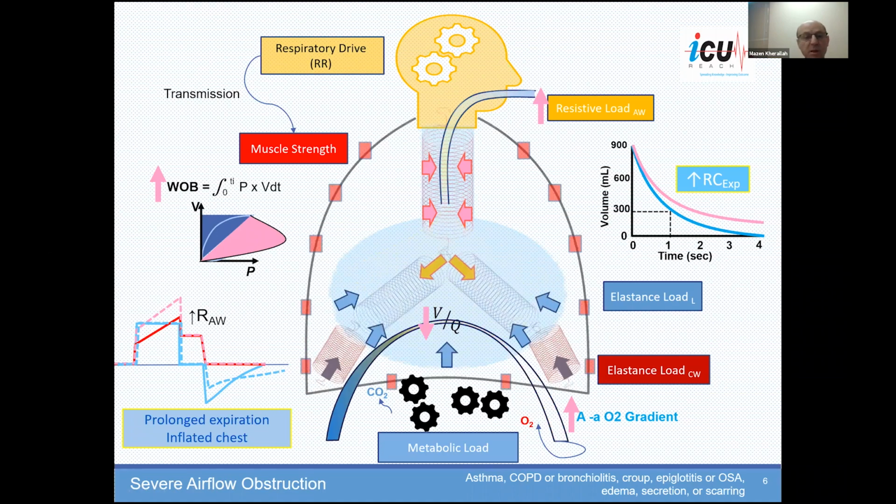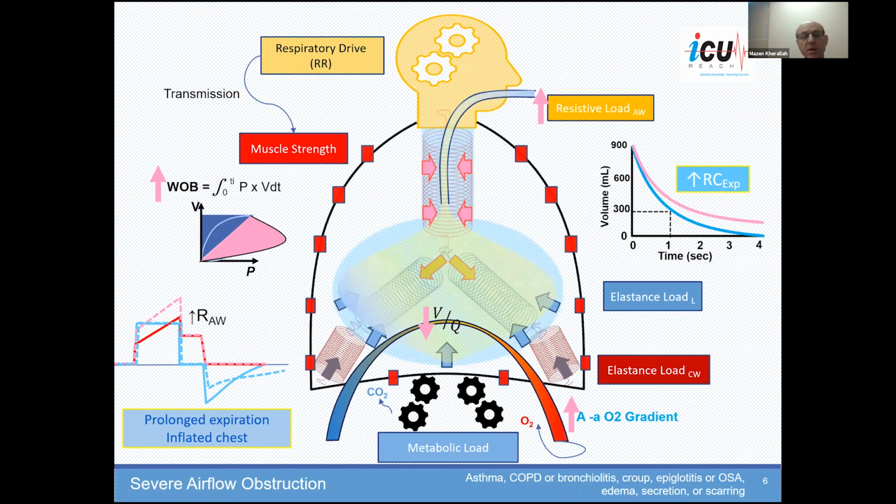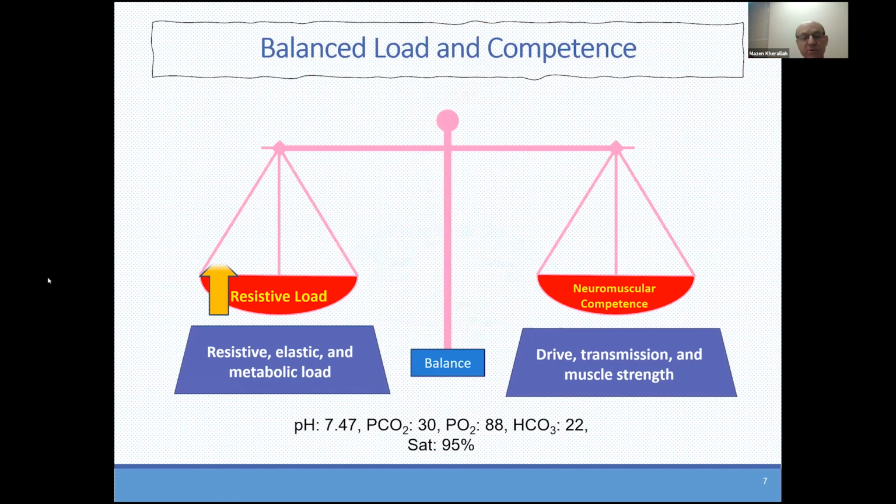If the patient has increased resistive load and he has enough neuromuscular strength and competence, at that time the patient would stay in balance, and this is what we call impending respiratory failure. The patient is not in respiratory failure yet.